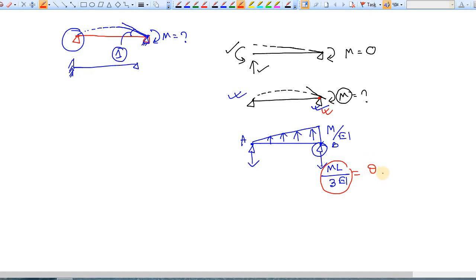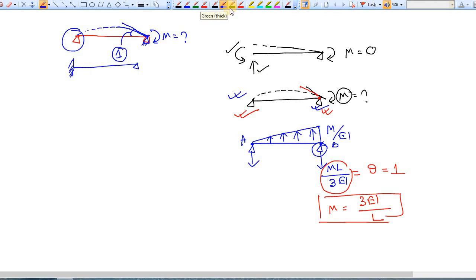Now if I make theta equal to 1, in that case the unit rotation will be produced, and for that the moment is coming as 3EI by L. Okay, so for this type of support condition, your rotational stiffness is 3EI by L.